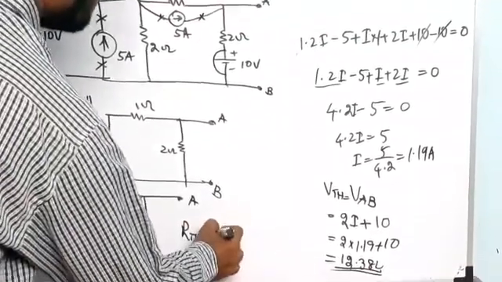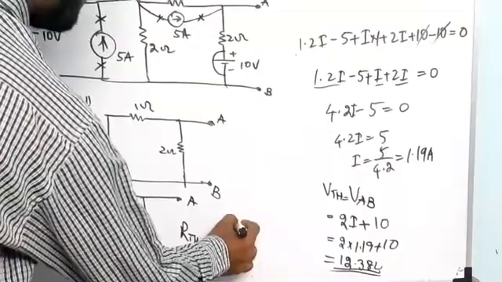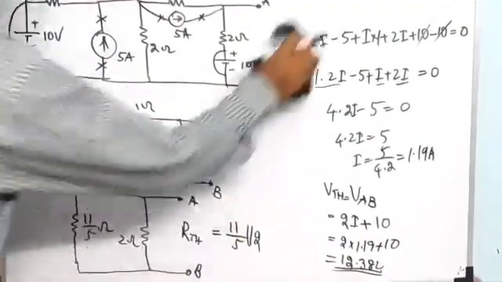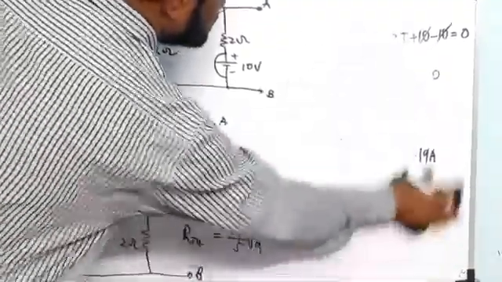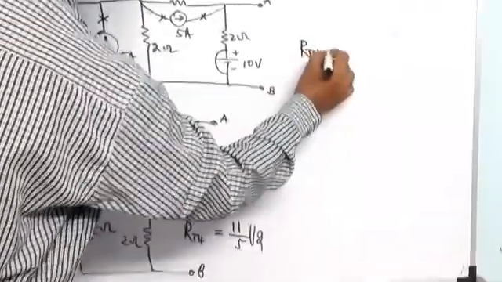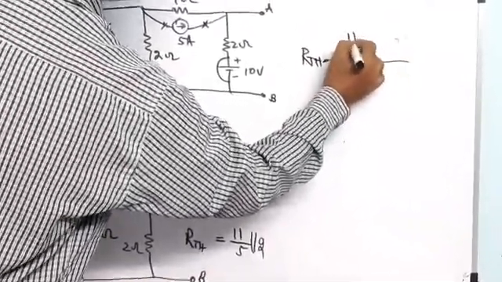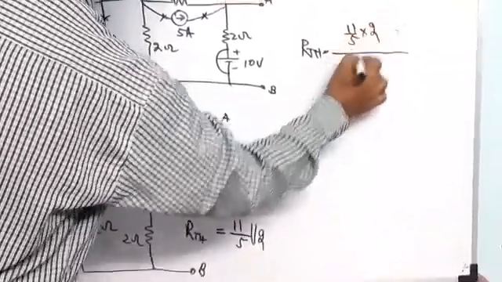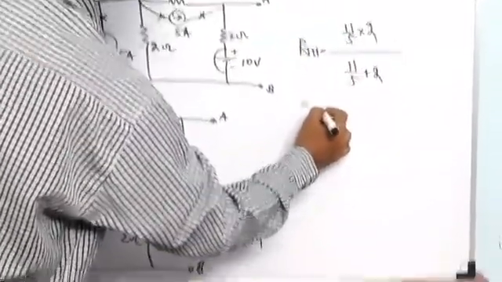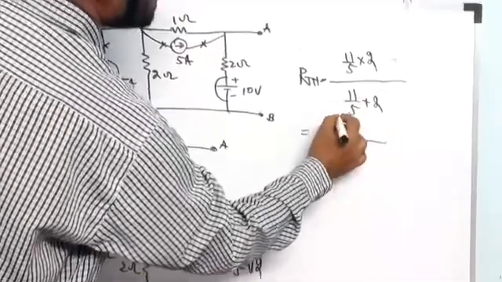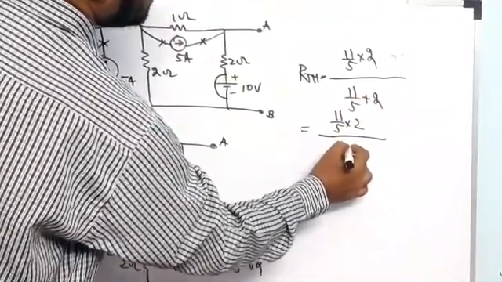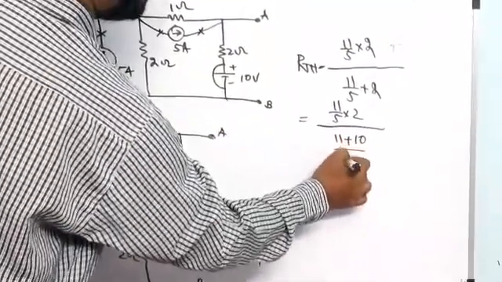So RTH is these two in parallel. So 11 by 5 parallel to 2. So RTH is equal to 11 by 5 into 2, by 11 by 5 plus 2. Keep 11 by 5 as it is, LCM plus 10 by 5.